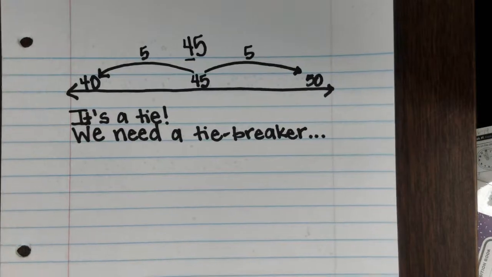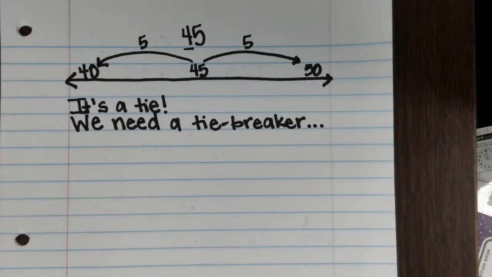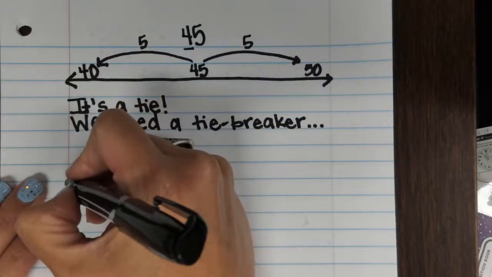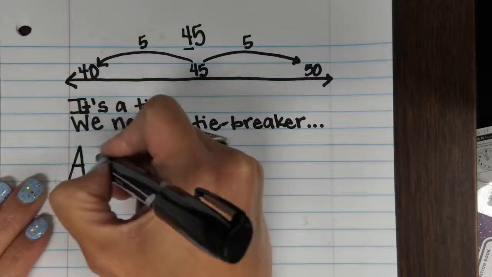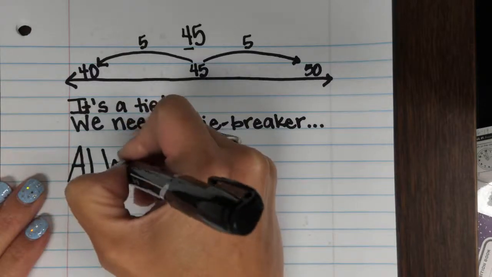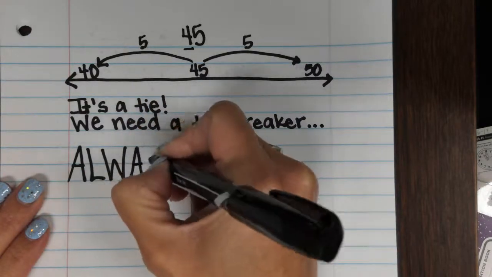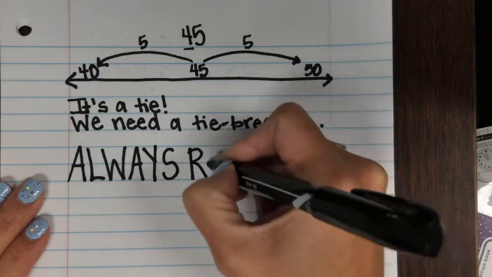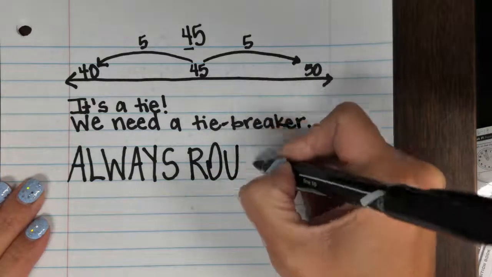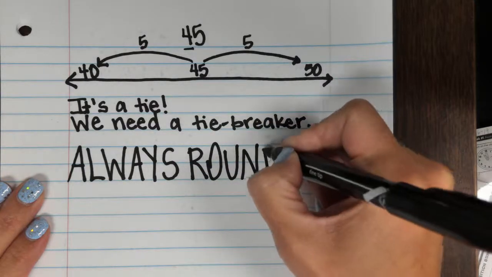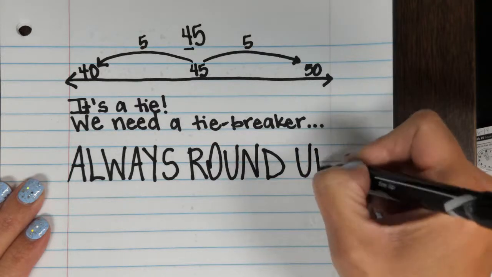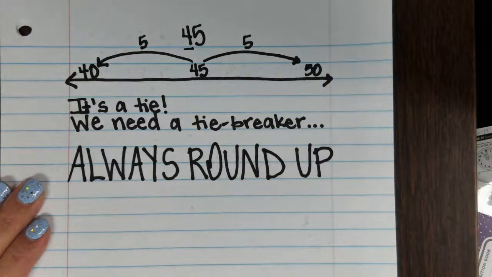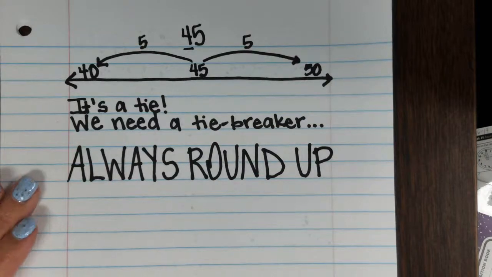And here it is. If we have this situation happen where our number is the midpoint, the tie, then everybody in the whole wide world does this. We always round up.